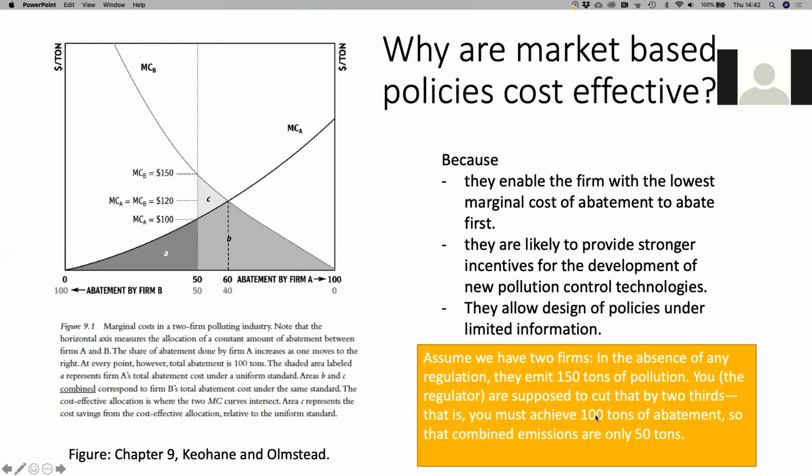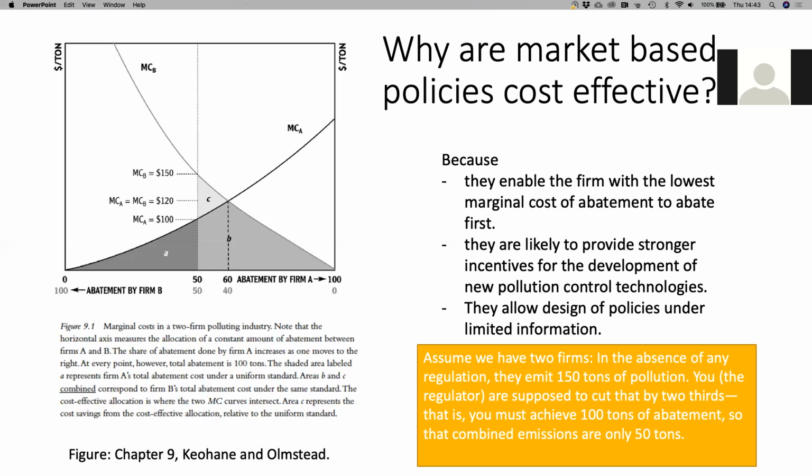So together, you must achieve 100 tons of abatement. So each of these firms abate only 50 tons together, right? So again, in the absence of regulation, these two firms together are emitting 150 tons of pollution, all right? But we want to cut that to 100 tons of pollution, which means that these firms together are allowed to emit only 50 tons, okay?